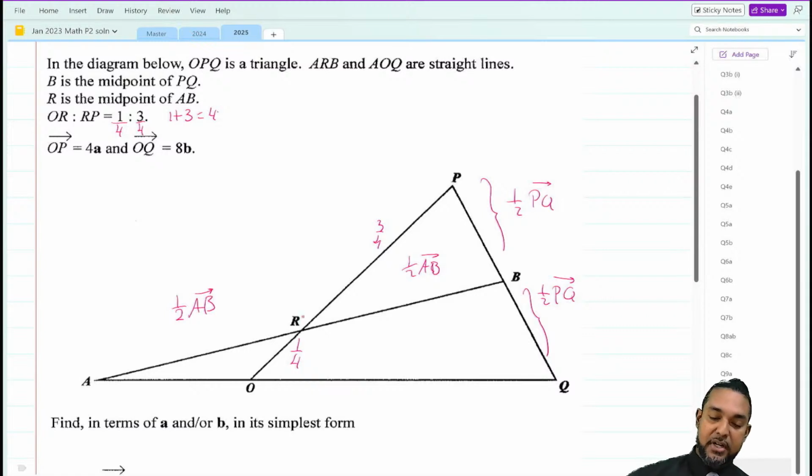But of the larger line OP, they are each 1/4 and 3/4 of the larger line on which they lie. So this is 1/4 of OP down here, and this is 3/4 of OP.